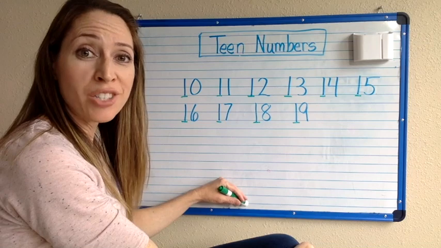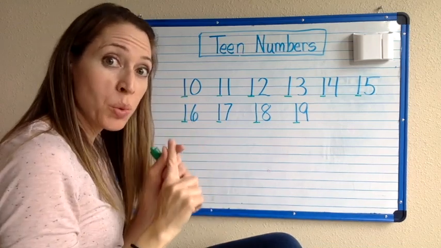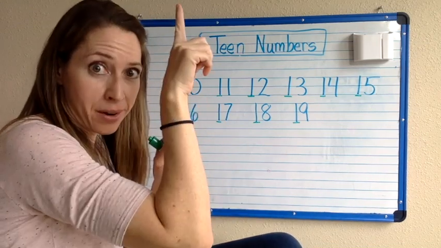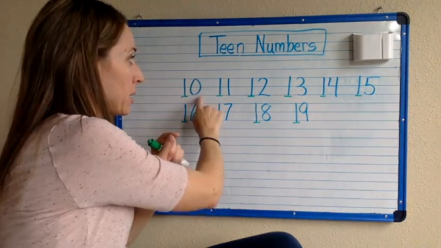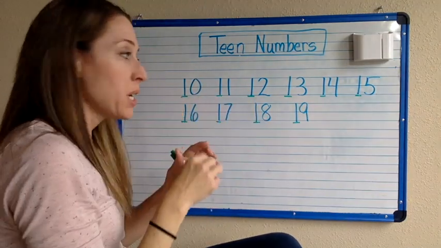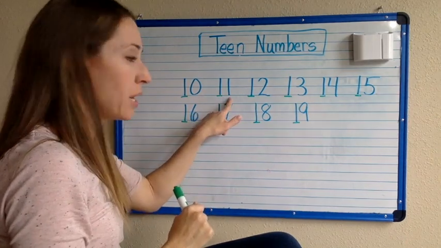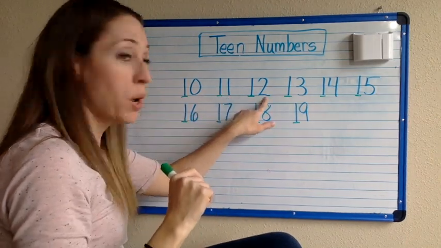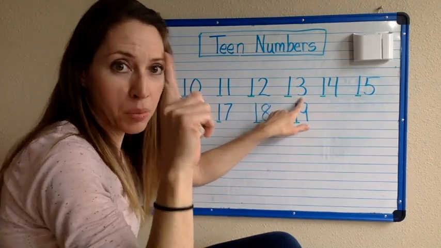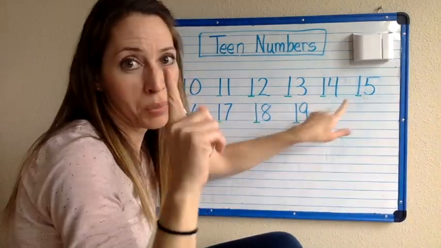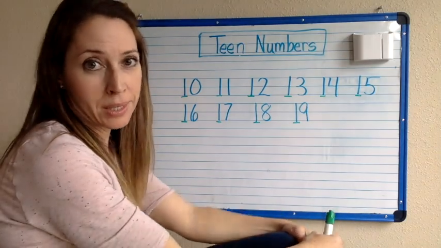The ones place is changing, and each time it changes to the next number higher, right? The number in the ones place increases by 1. It's like someone says, okay, you have 10 plus 1, 11 plus 1, 12 plus 1, 13 plus 1, 14 plus 1, 15 plus 1, all the way till you get to 19.